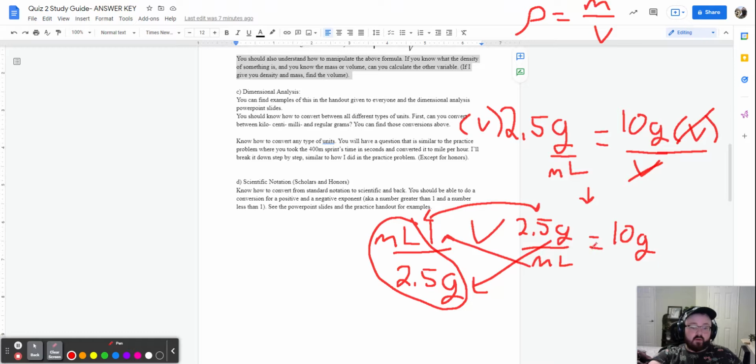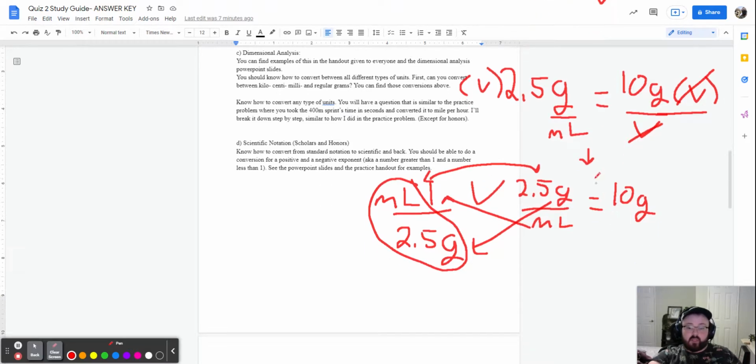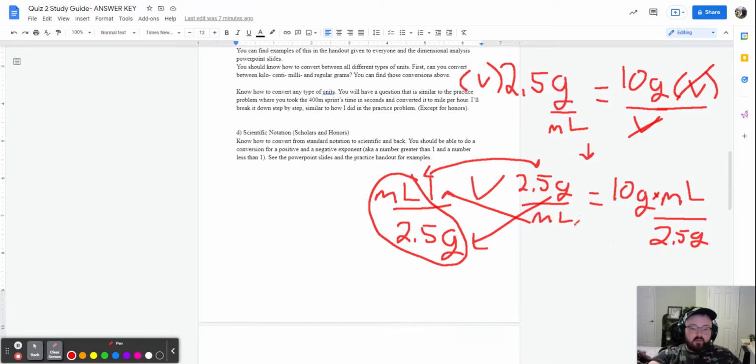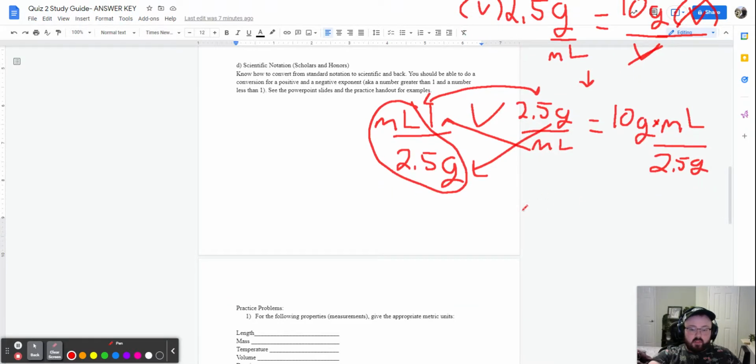You could probably solve this a different way, but I'm just going to give you the full example. Then you multiply by milliliters over 2.5 grams. Scrolling down, we're now left with, this cancels out. 2.5 grams cancels out, milliliters cancels out.